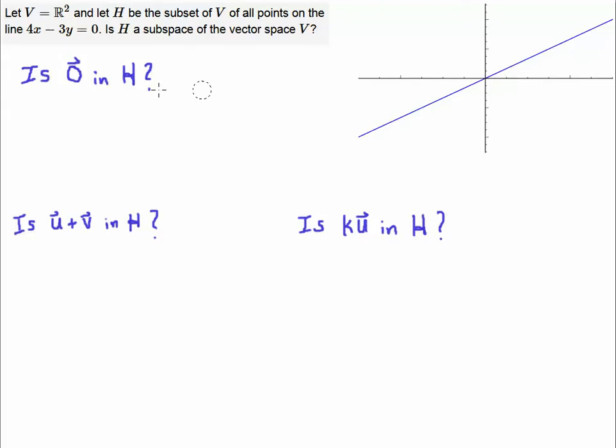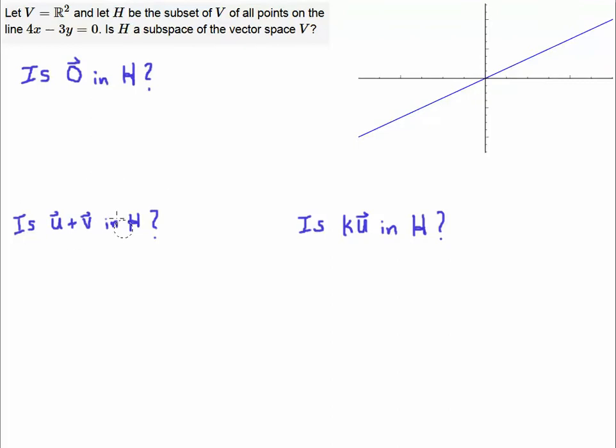So the three things we're going to test here are, is the zero vector in the space H? So is the point 0, 0 on this line? If we take a vector u from the set and a vector v from the set, so those are two points, actually any two points that are on this line, if you add them together, do you get something that's back on this line again?